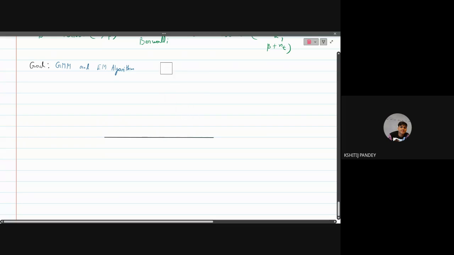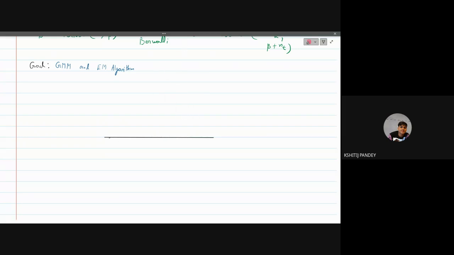This is the number line we have, and here we have data points. As the data is not just zeros and ones, we can't take a Bernoulli distribution.